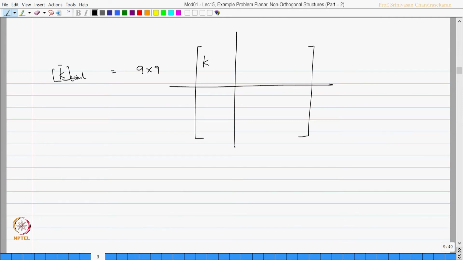This will be K UU, this is K UR, this is K RU, this is K RR, all will be bars because this is K bar, all will be with reference to the reference axis xy system now. K UU will be of size 3 by 3. I plug out K UU bar for this structure, which can be worked out from the program, which we get as E into 10 power minus 4.